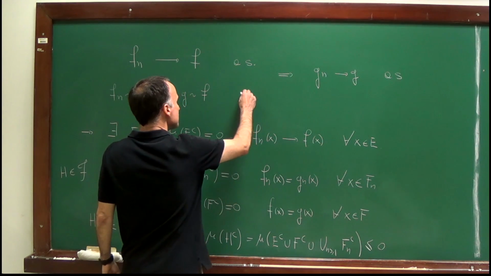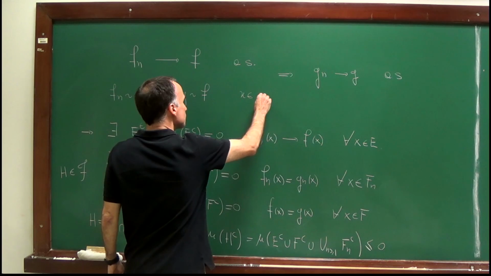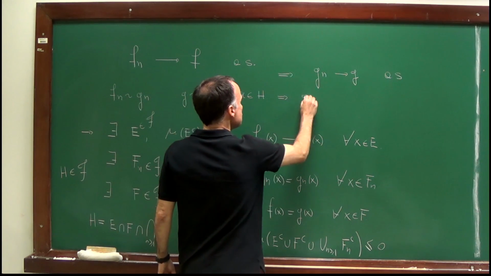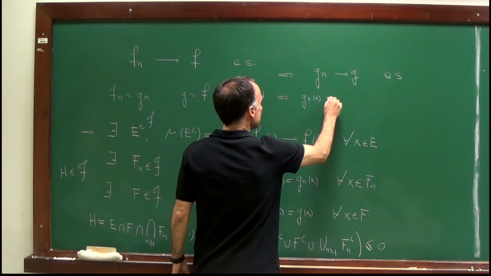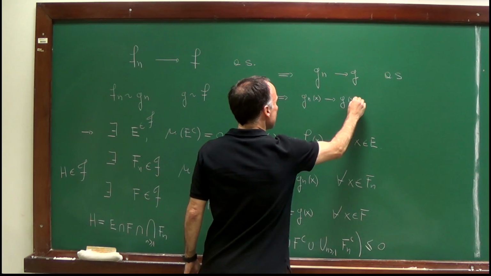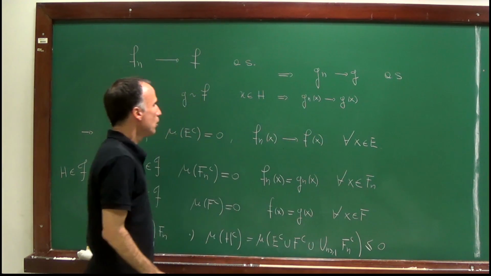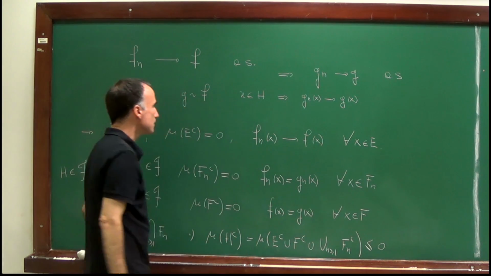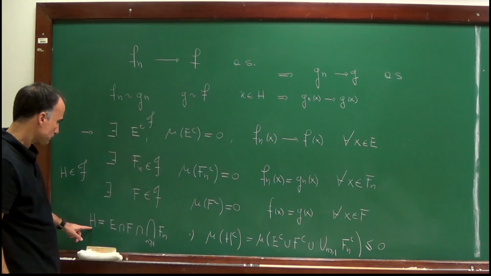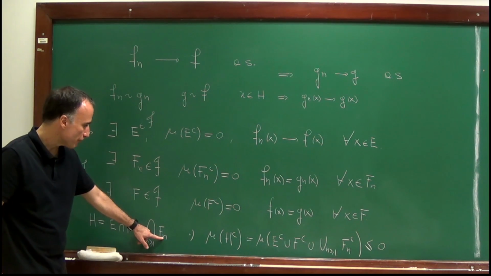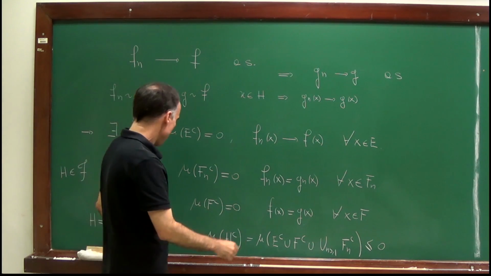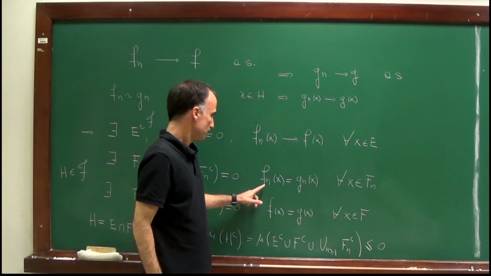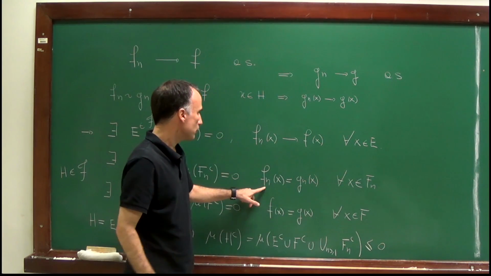What I claim is that if x belongs to H, then gn(x) converges to g(x). Why is this true? Because since x belongs to H, x belongs to Fn for all n. And on the set Fn, gn is equal to fn.